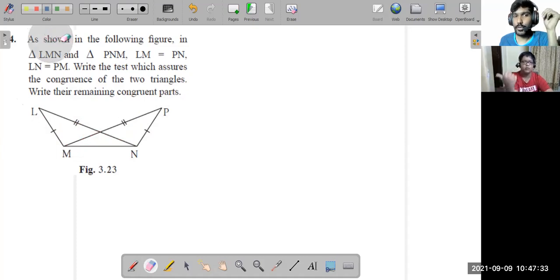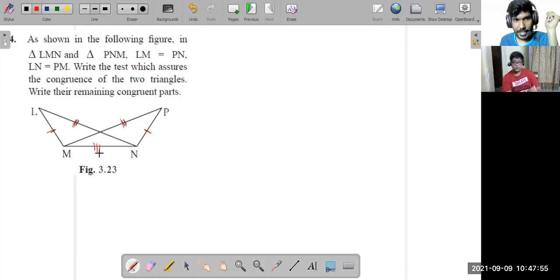One thing to note, I'll give you a hint. Both the triangles have a common base. It would be the side side side test. So first this side and this side are equal. Then these two lines and here it is equal.